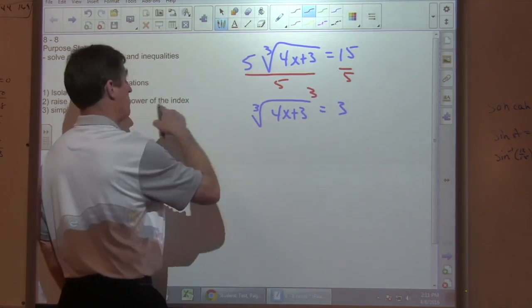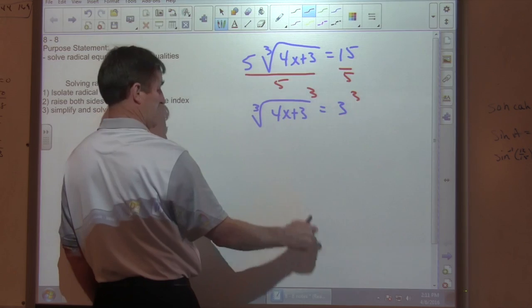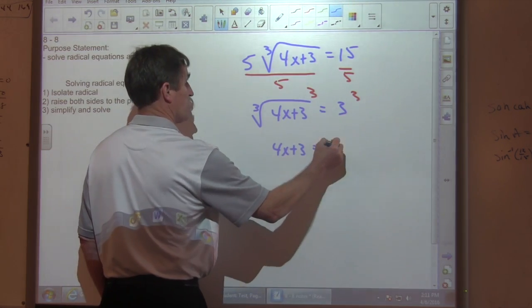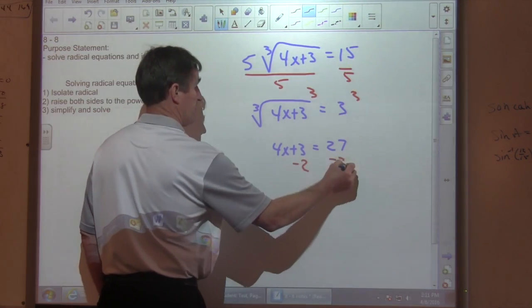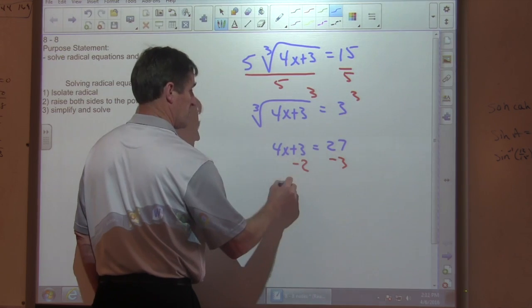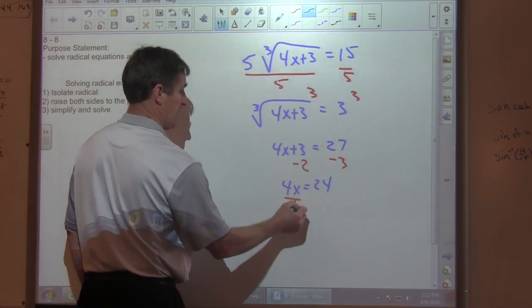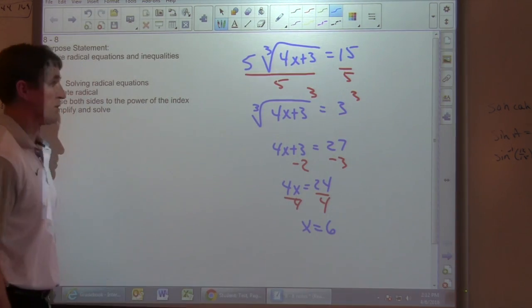Then we cube both sides to get rid of the cube root. So these cancel. And we get 4x plus 3 equals 27. Subtract 3. 4x equals 24. Divide by 4. And we get x equals 6.